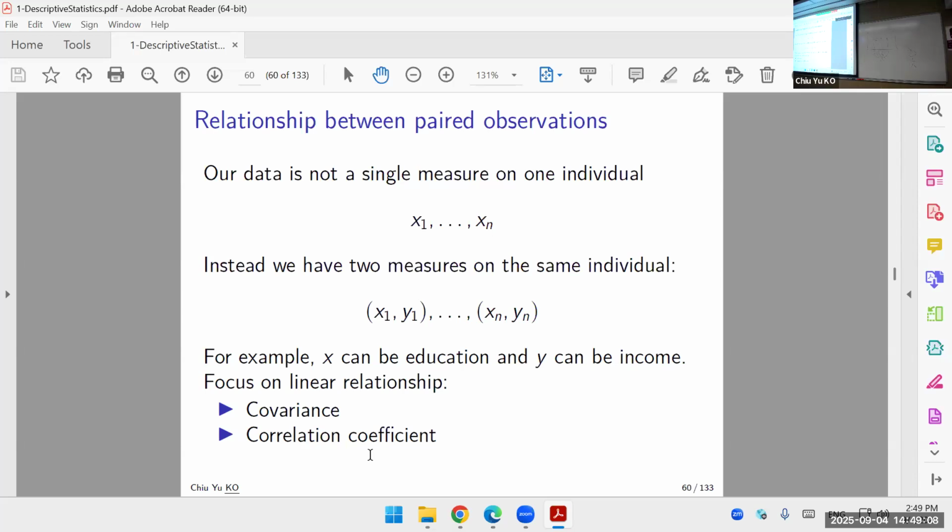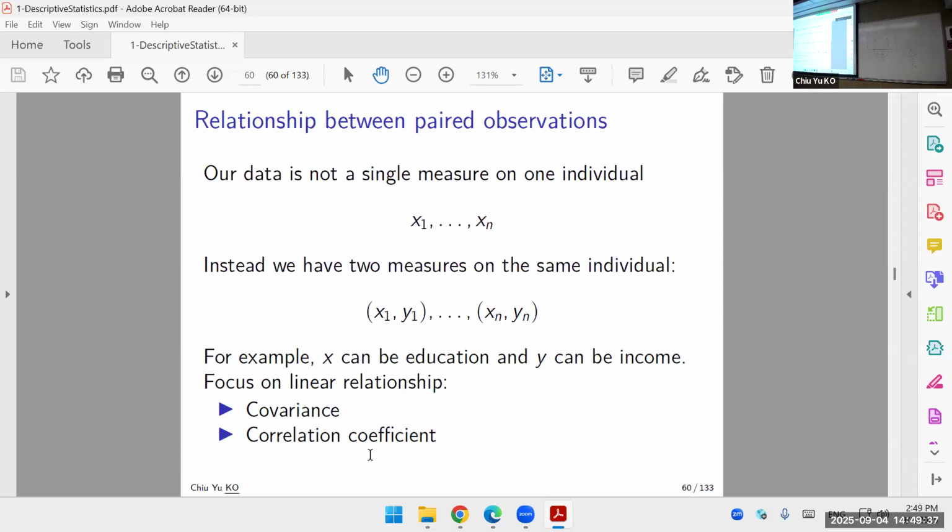For example, X may be the GPA of a student, and Y may be how much time he spent studying. You want to study whether people who spend more time studying get a higher GPA, right? It's whether talent matters or studying more is going to be helpful. Something else you care about, which is most important for you now, is whether education leads to higher income, right?